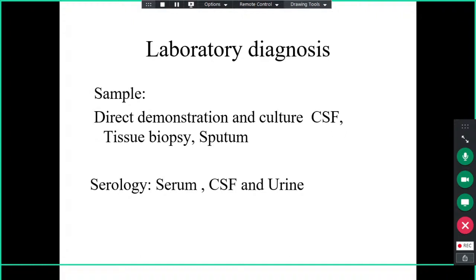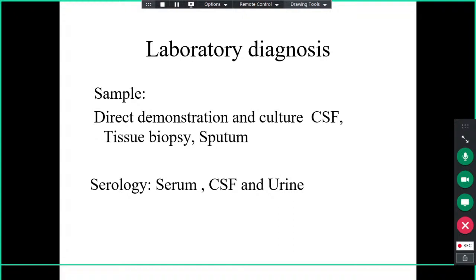And coming to the laboratory diagnosis, as I have said, we can do direct demonstration of the Cryptococcus by India ink, or culture from the CSF sample, sometimes brain tissue, or from the sputum sample also.